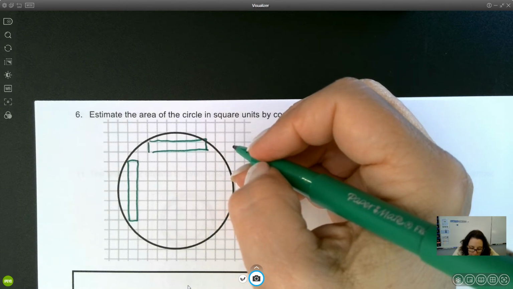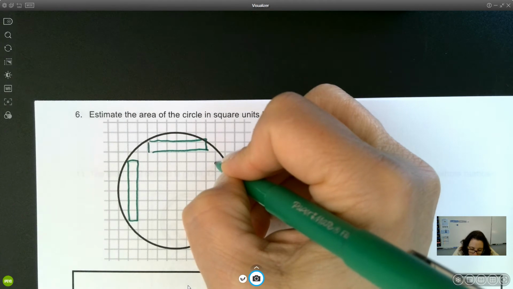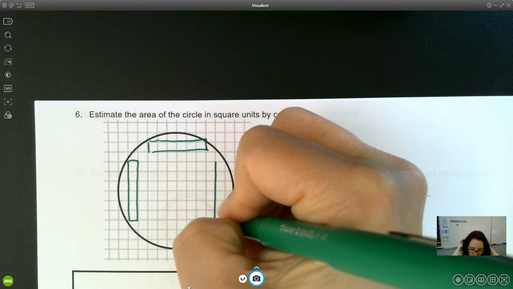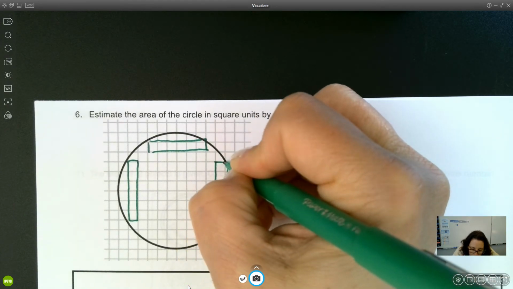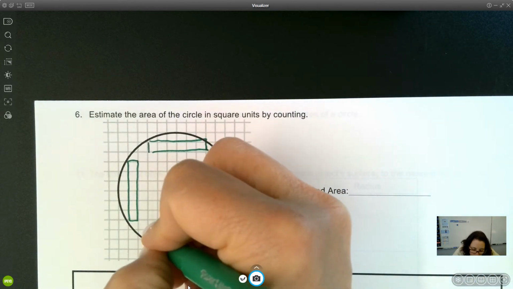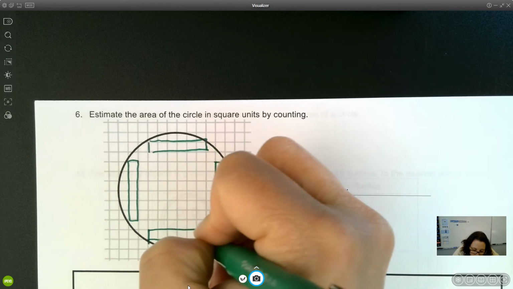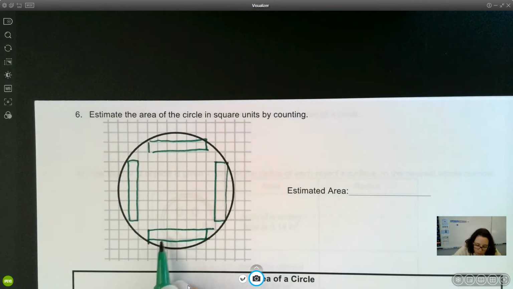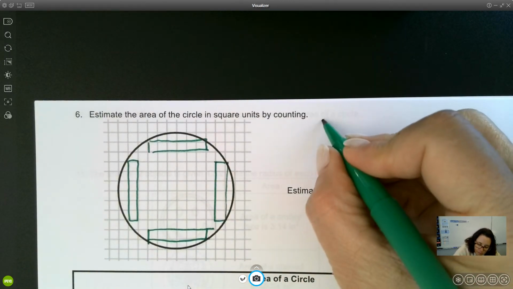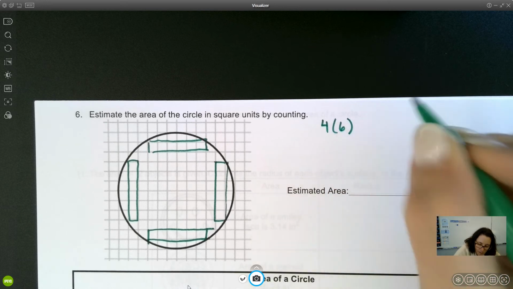Let's see. Oops, too far. All right, so I've got 1, 2, 3, 4, 5, 6. 1, 2, 3. So I've got 4 groups of 6 right here. That takes care of that.